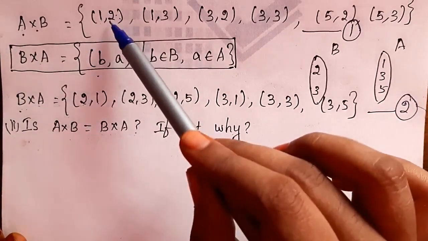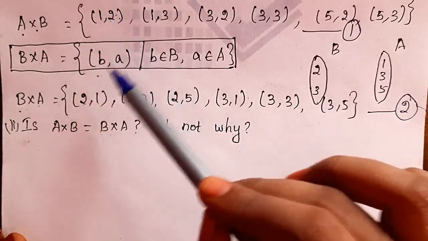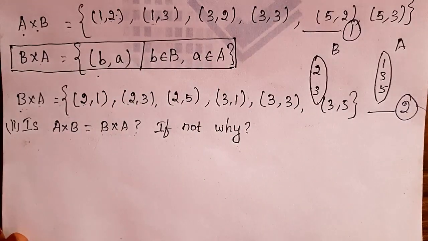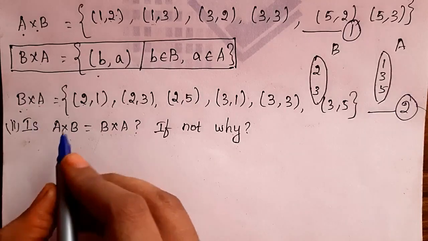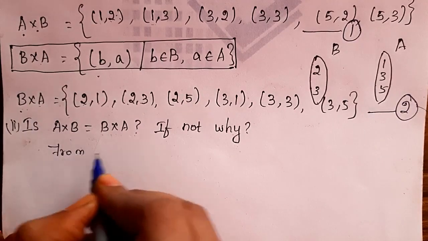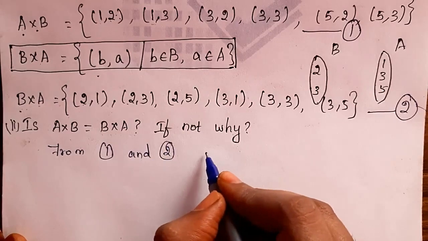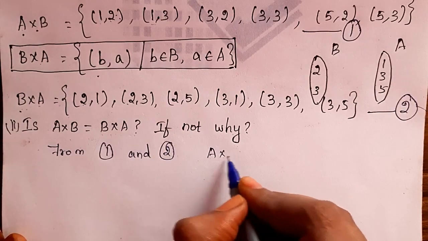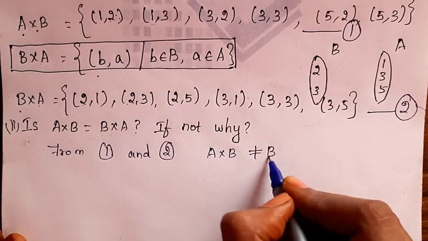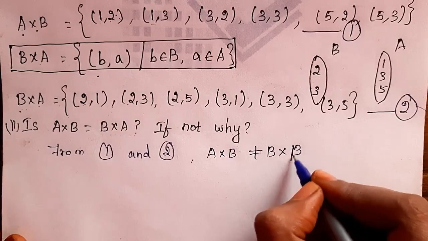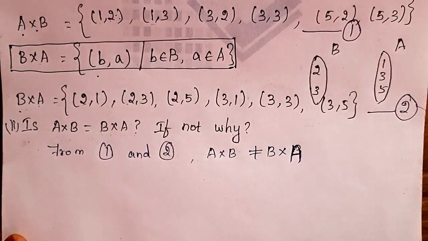Are both the same? No, both are different. (1, 3), here (2, 3). Totally both are different. So from 1 and 2, A cross B is not equal to B cross A. We found that.